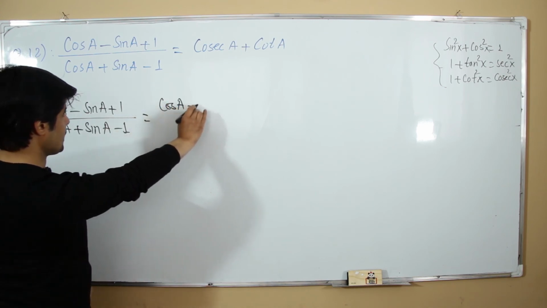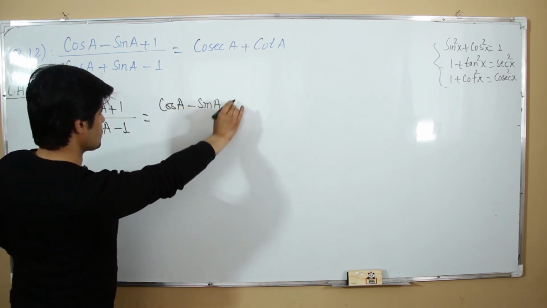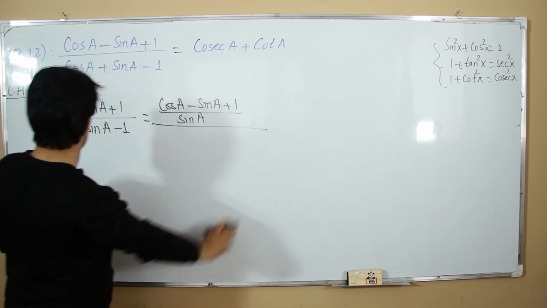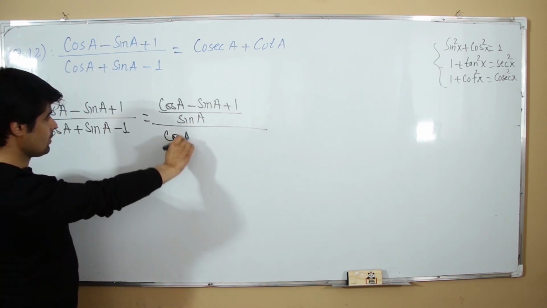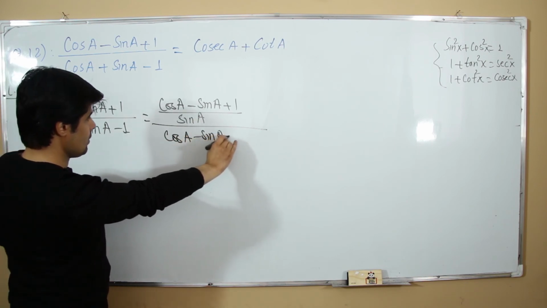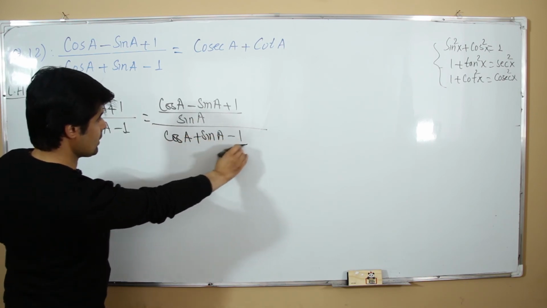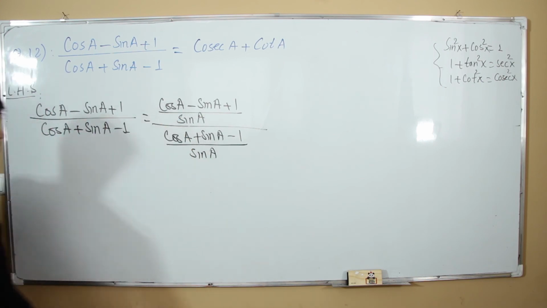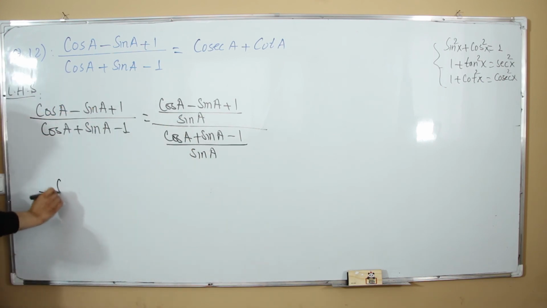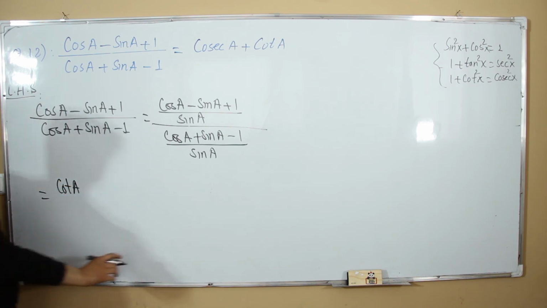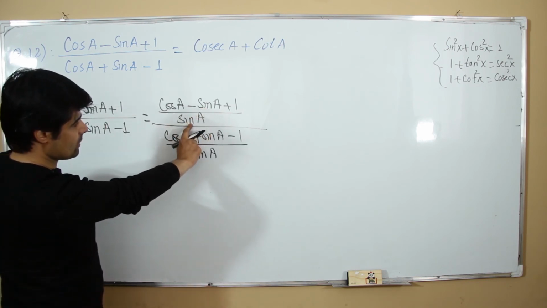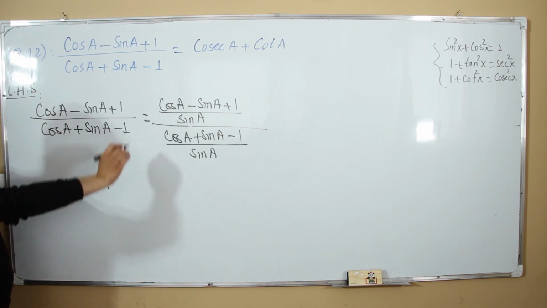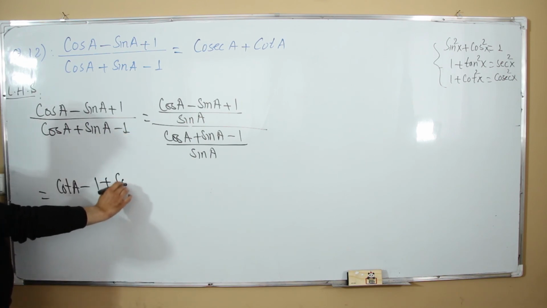Because cosine a minus sine a plus 1 divided by sine, I will say the reason, and cosine a plus sine a minus 1 divided by sine a.